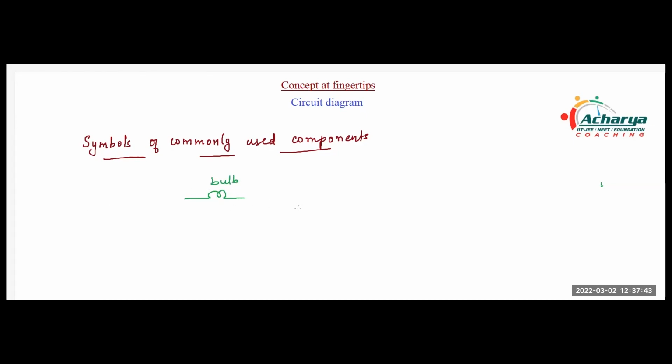And then another component that we saw in the previous circuit diagram is a resistor. So resistor is represented in that way, and we denote the resistance. And we have some other type of resistor called the variable resistor.